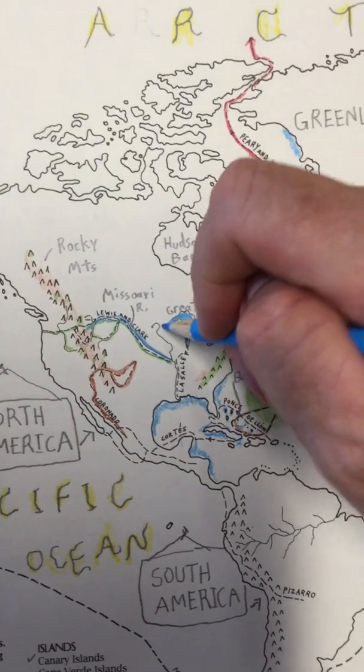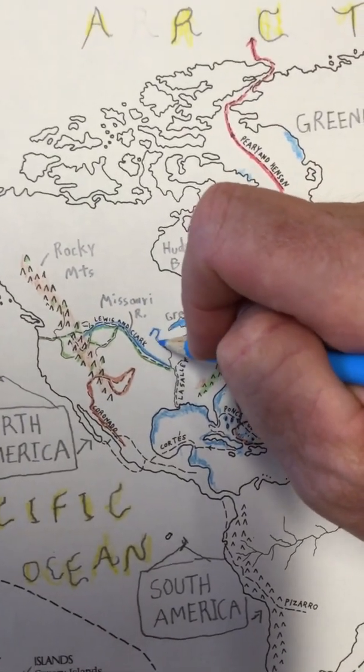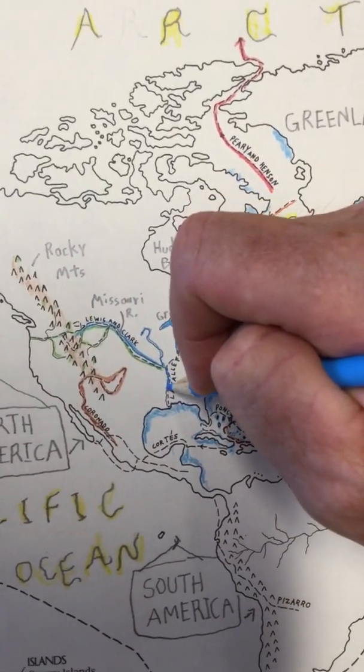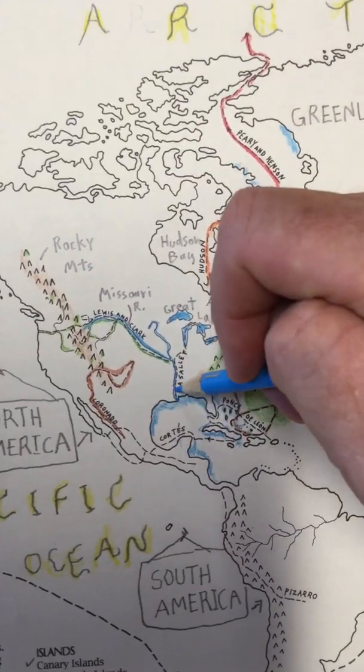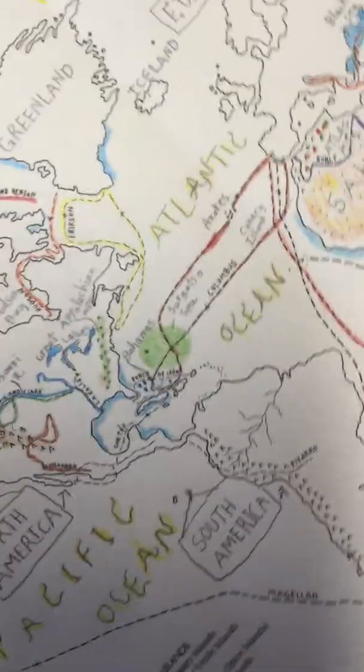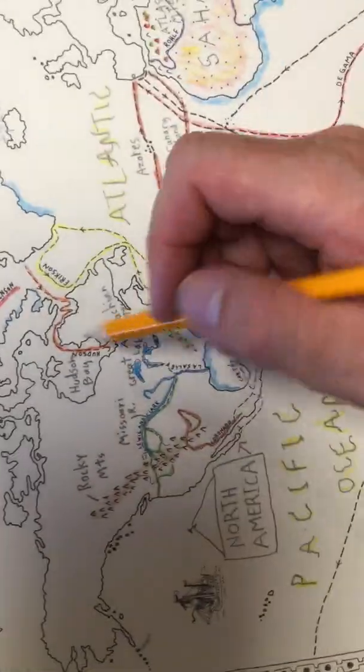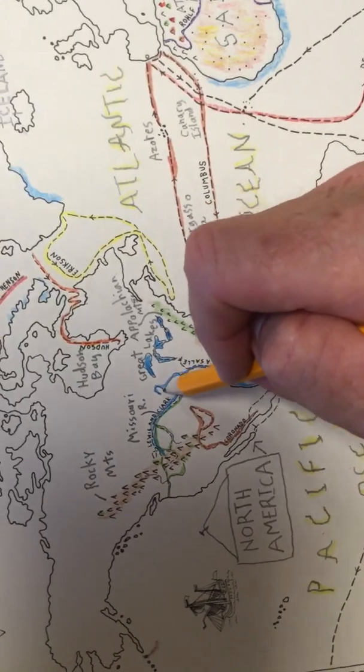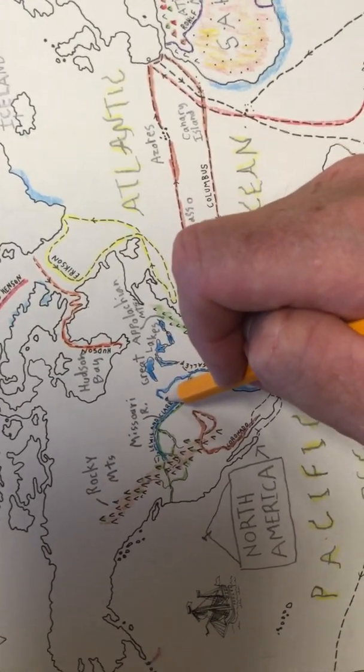We've got the Mississippi there. Maybe we should highlight that too. That's the longest river in North America, the Mississippi. And maybe we can squeeze that in. Getting kind of tight now, so maybe I can fit it right along. Let's see if I can do it.